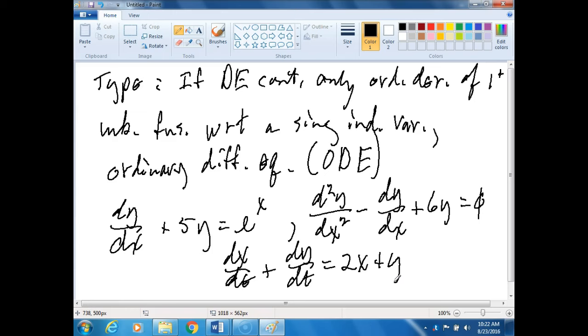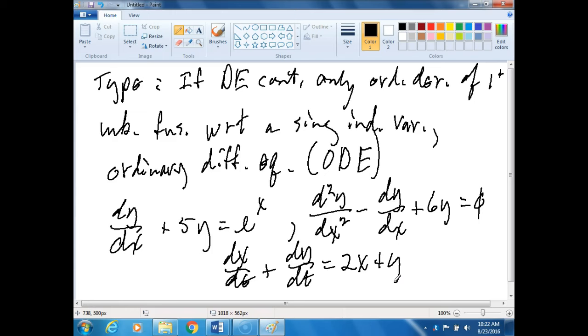Okay? Now, remember we said by type? What was the second thing we said? By order. This is a first order differential equation because your derivative is to the first power. This is a second order differential equation. This is a first order differential equation. Now, the third part was linearity. This is a linear differential equation.